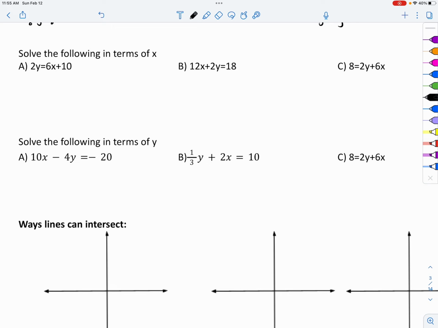You can isolate x, or you can isolate y. And you want to be comfortable to isolate for both of them, because sometimes x will be easier and sometimes y will be easier. The next question I should say, solve the following in terms of x. So that means let's get x by itself.